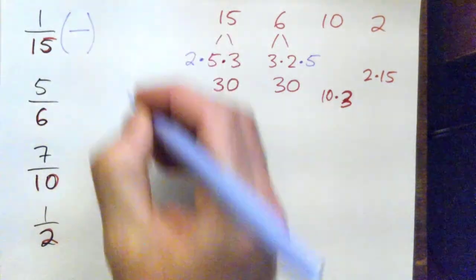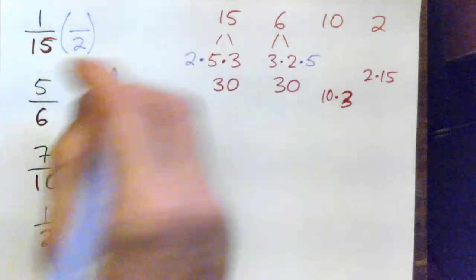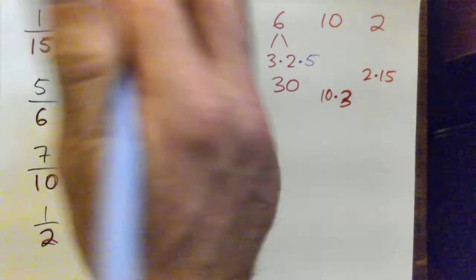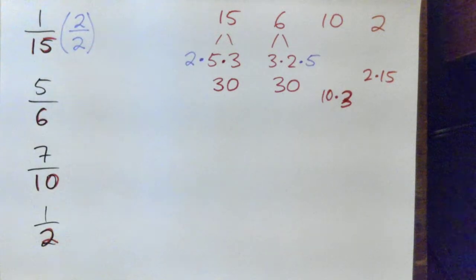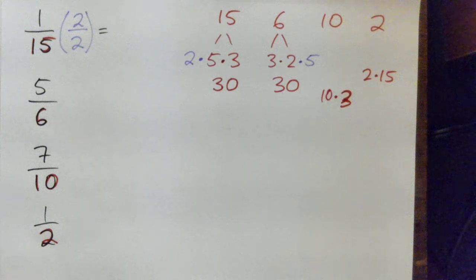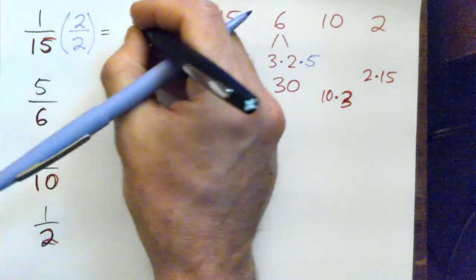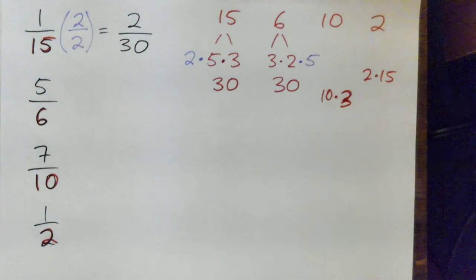All right? So 15 times 2 gives 30. But if I multiply the bottom by 2, I must multiply the top by 2 in order to keep the value, the actual quantity, the same. So that is 1 times 2, 2/30ths, because 2/30ths is the same thing as 1/15th, right?